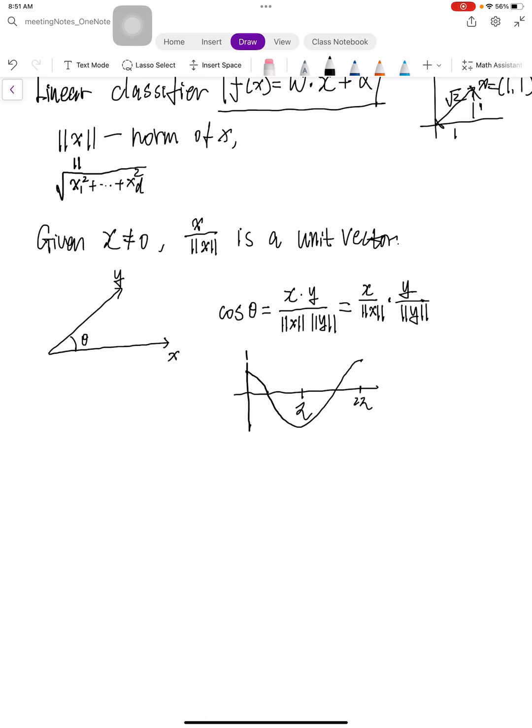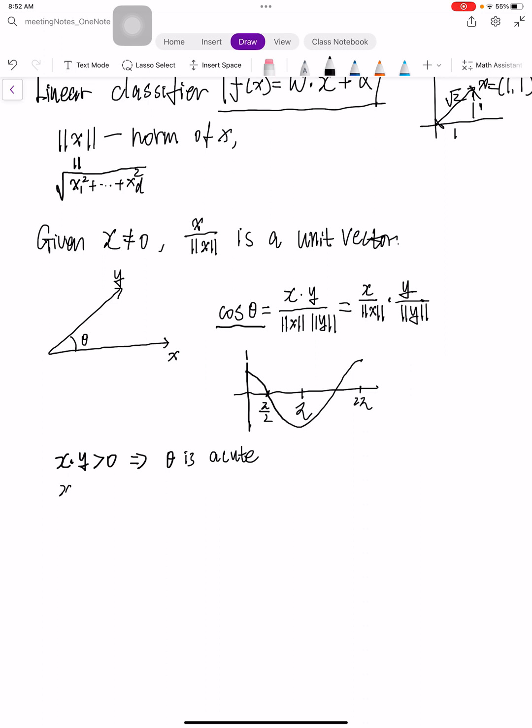So in other words, if the inner product of x and y is greater than 0, this tells us theta is acute, because cosine theta is positive if it's below 90 degrees, right?